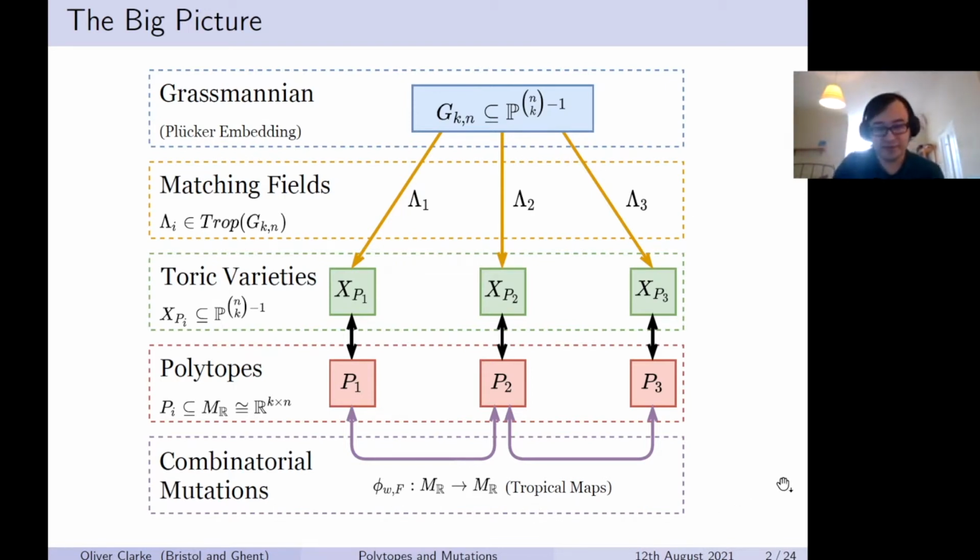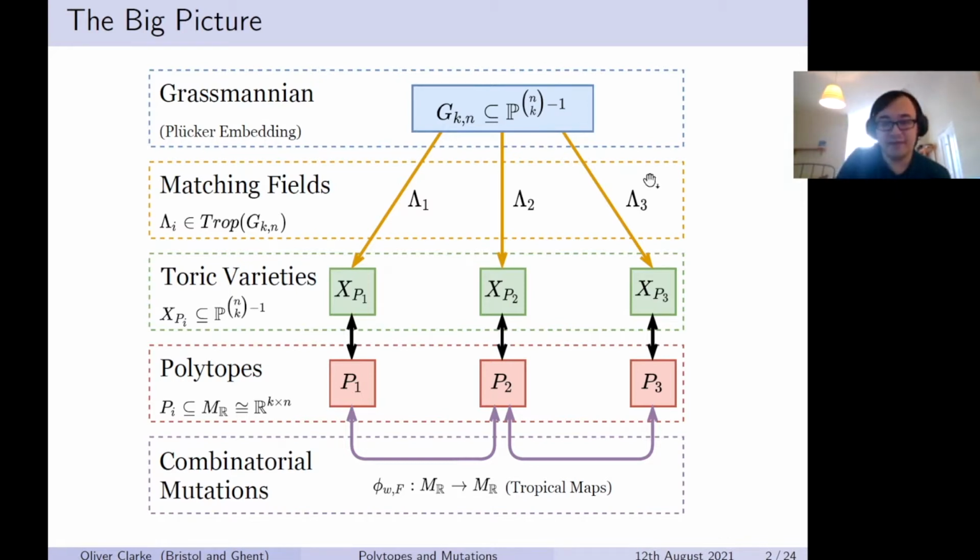So what I'd like to do in this talk is talk through most of the parts of this picture. I'll begin by talking about combinatorial mutations and polytopes. Then we'll look at toric degenerations and the Grassmannian.